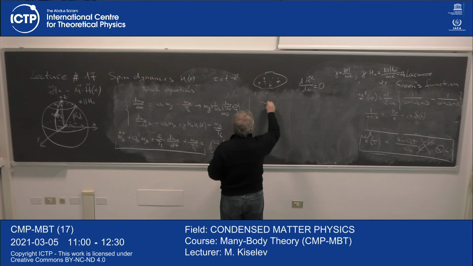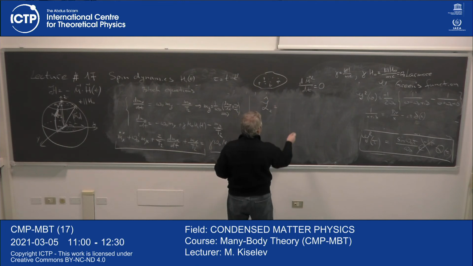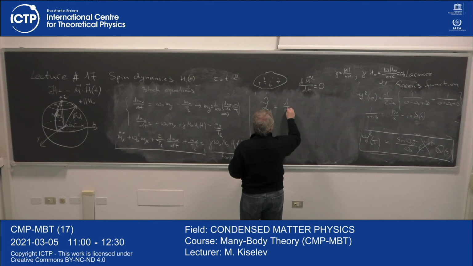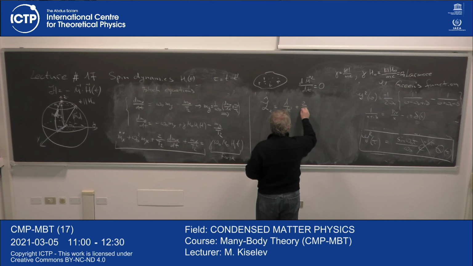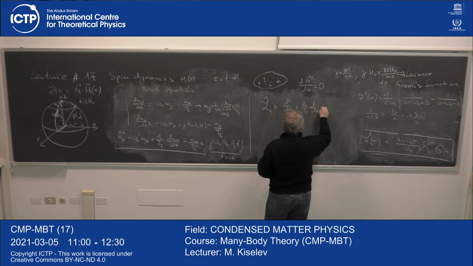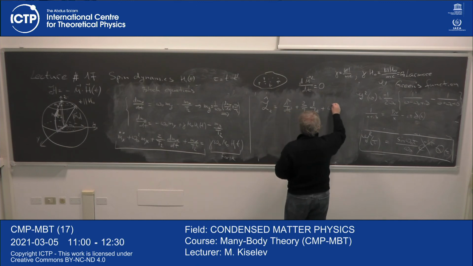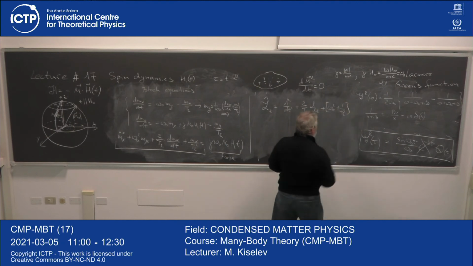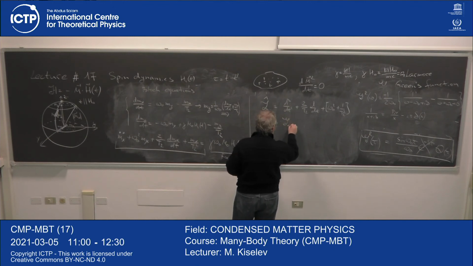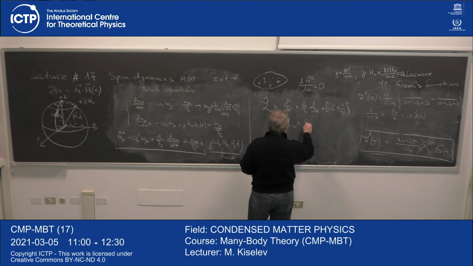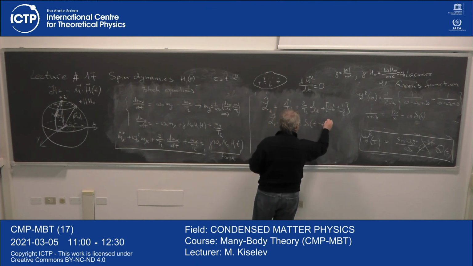So my linear differential operator L(t) is now d squared over dt squared plus 2 over T2 d over dt plus omega naught squared plus 1 over T2 squared. And the equation for the Green function is L(t') times the Green function G(t minus t') is equal to the delta function delta(t minus t').